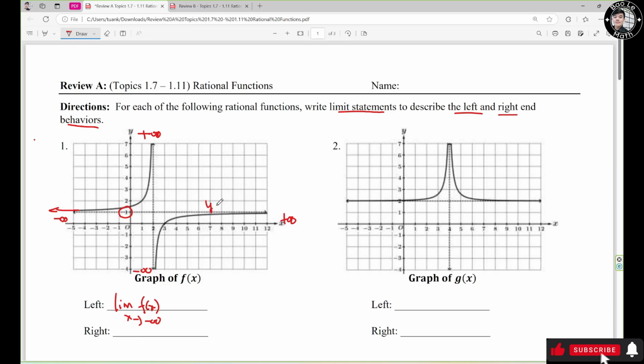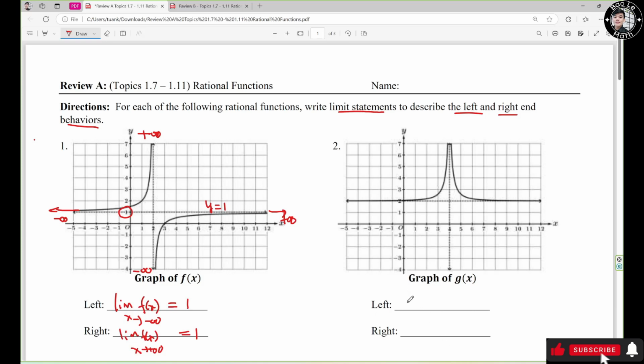So horizontal asymptote y equals 1, so this one equals 1. Right end behavior, limit of the function f of s when s approaches positive infinity is going to be 1, right? When s approaches positive infinity, the function approaches the horizontal asymptote, which means 1, right?